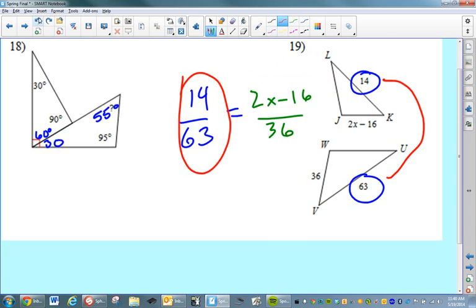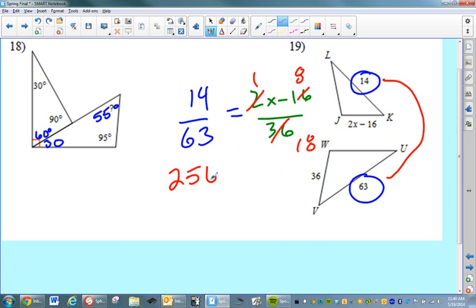As long as you do this right, everything else is pre-algebra work. I would, if I were doing this problem, reduce that so it's easier. And then multiply 14 times 18 and get 256 probably equals 63 times x minus 8, 252.